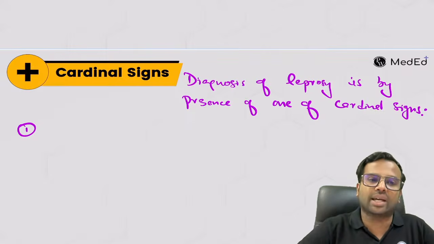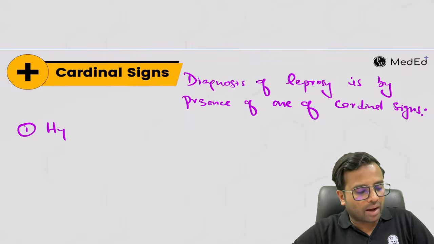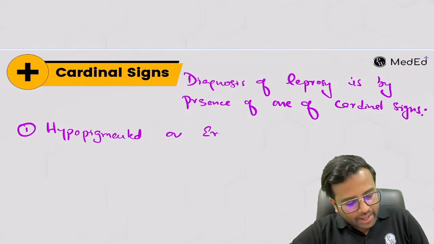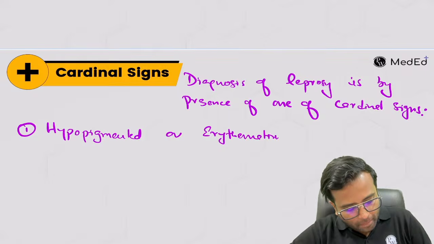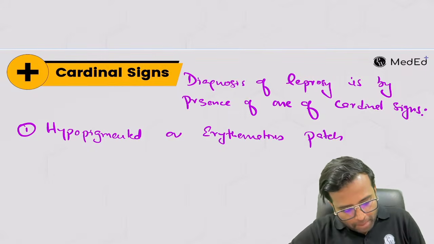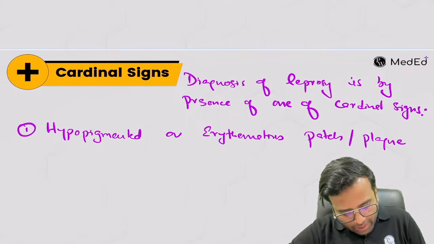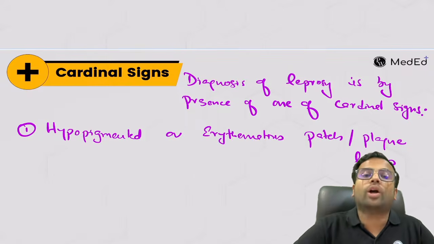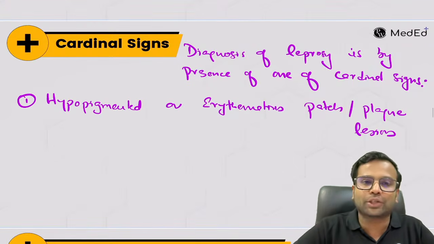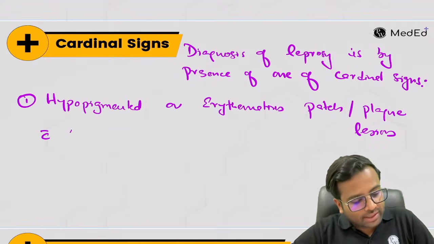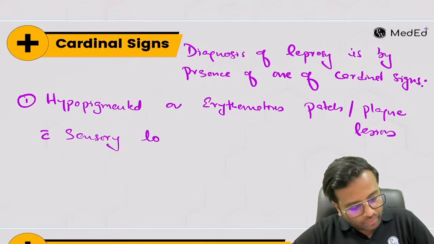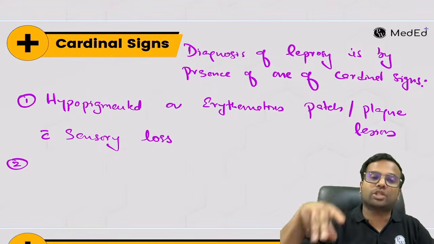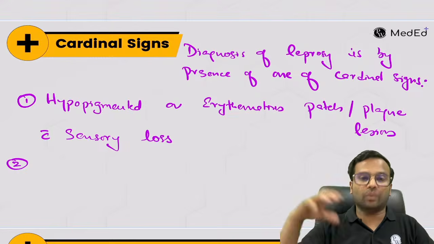The first cardinal sign is that there will be a hypopigmented or an erythematous patch or plaque lesion. So there will be a hypopigmented lesion or an erythematous lesion, like a patch or a plaque lesion with sensory loss. That is the first point. Hypopigmented patch with sensory loss, erythematous plaque with sensory loss.